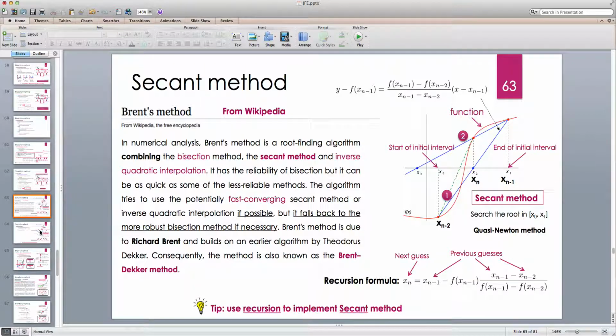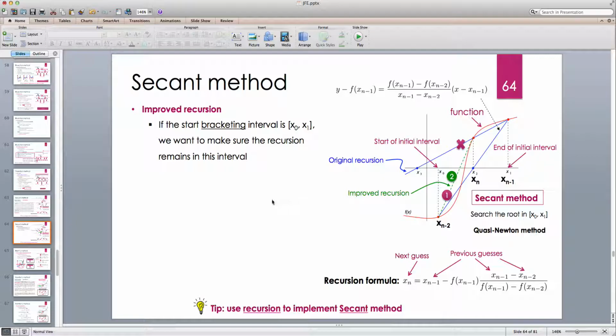Now the problem was that if you look at the secant method, the problem here, specifically in this example, in this function, is that when we continue with the recursion in the xn minus 1 and xn, this interval is in fact not a bracket for the root, right? The root is here. So if we continue with the secant in this region, we end up with a root that is actually farther away from the root, from x2.